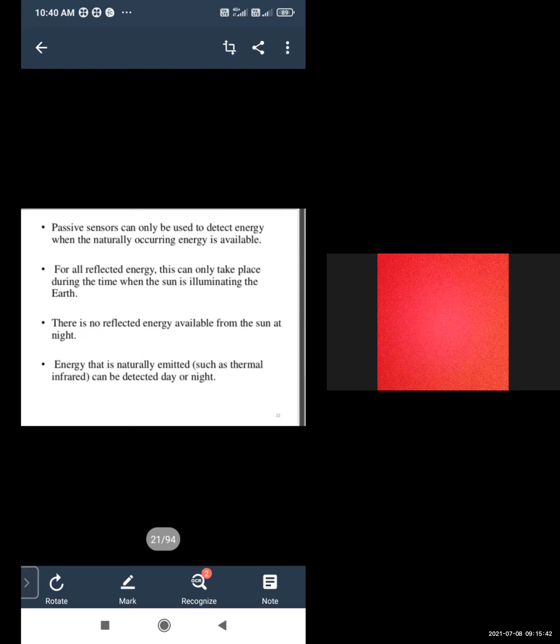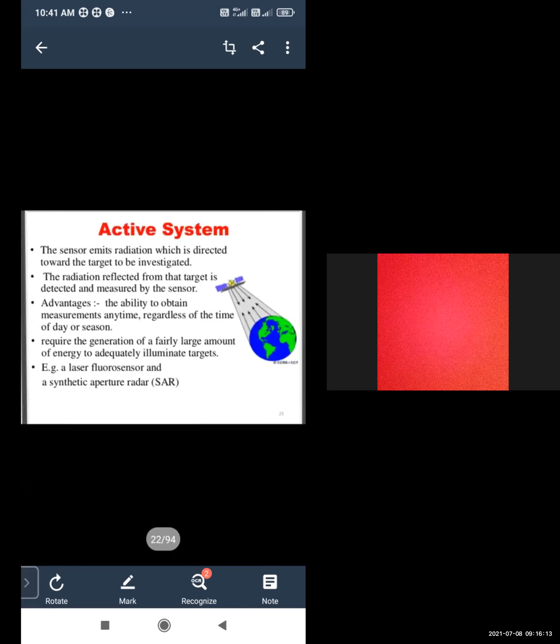That means if weather is cloudy, if bad weather condition, then sun rays are not illuminating. In that condition also the passive system is not in working condition. There is no reflected energy available from the sun at night, so at night the passive system does not work. Energy that is naturally emitted, such as thermal infrared energy, can be detected day or night time.